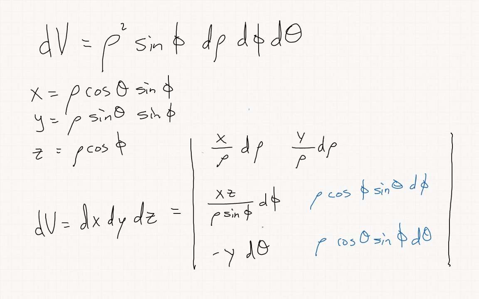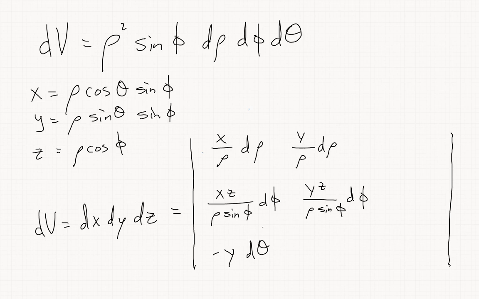The next one is yz over rho sine phi d phi, and the last one is x d theta. And then dz is going to be cos phi d rho, negative rho sine phi d phi, and 0 in the theta component.